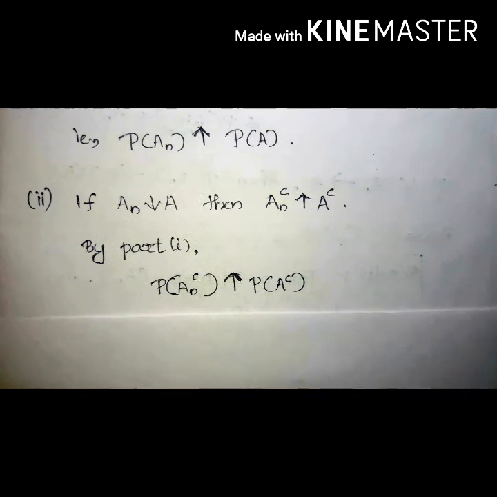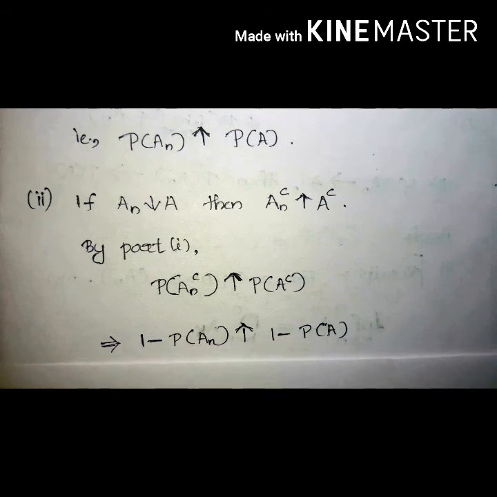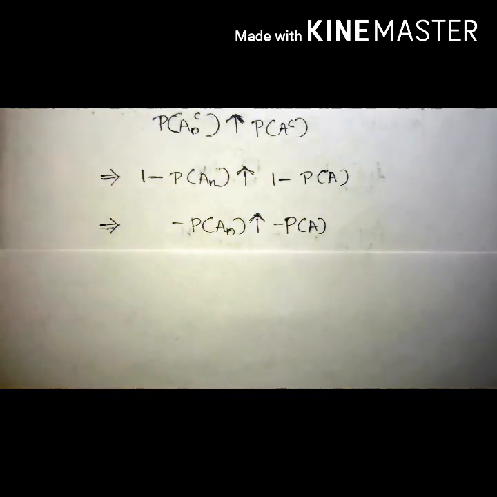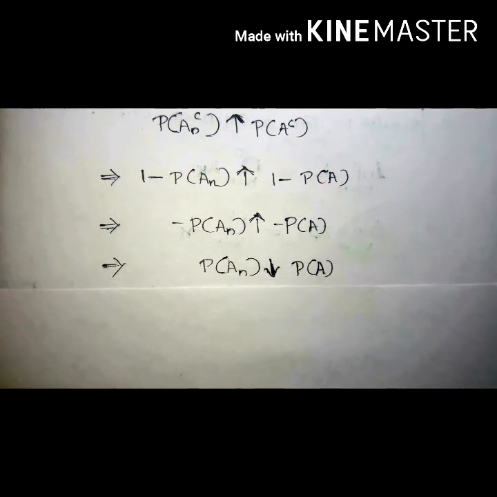P of An complement is 1 minus P of An, that increases to 1 minus P of A, which implies minus P of An increases to minus P of A, which implies P of An decreases to P of A. Therefore we get P of An decreases to P of A.